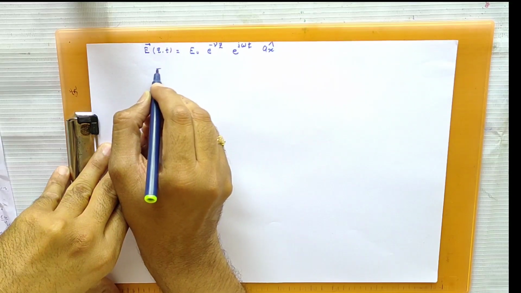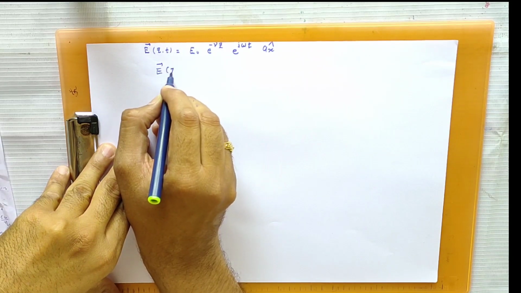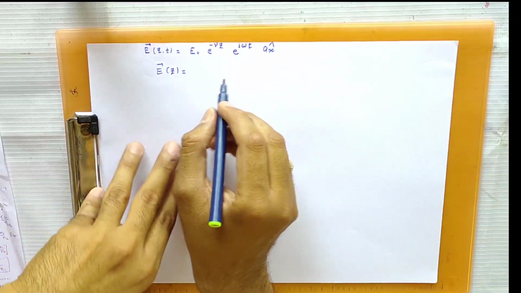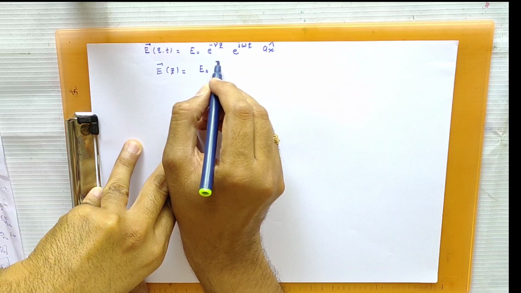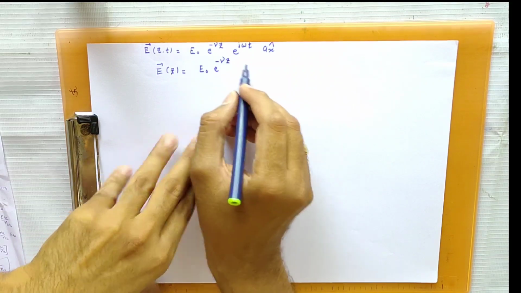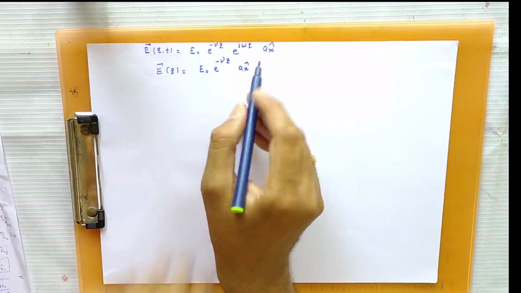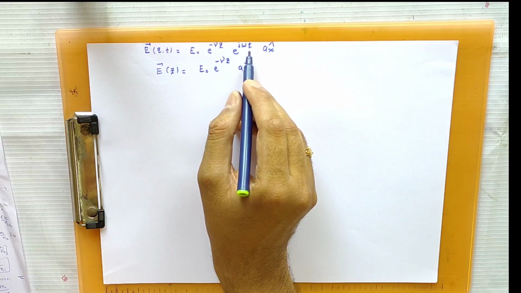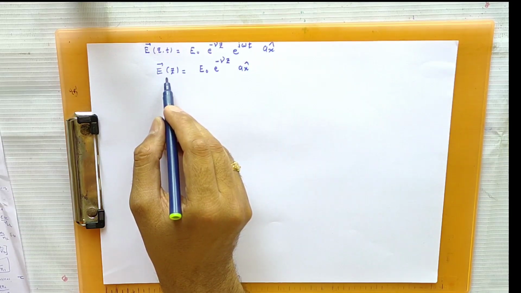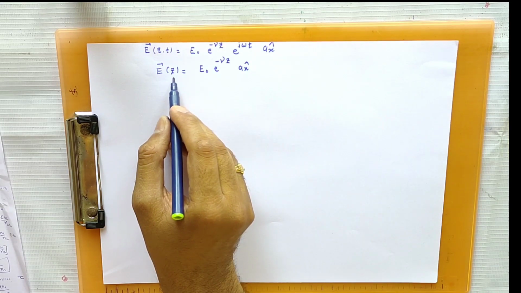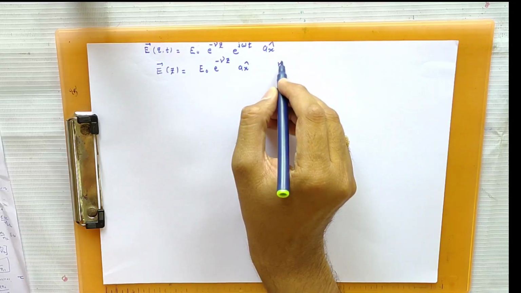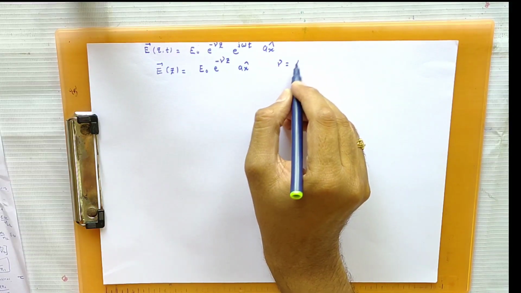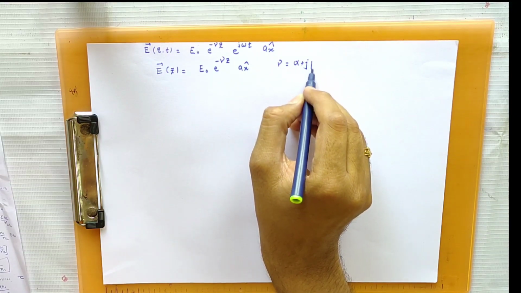So we have to take this equation: E(z) equals E0 with the space term e raised to minus gamma z, into a_x. The e raised to j omega t term we have not considered, because here we assume the field has only a space quantity, that is, the field is a function of only space. What is gamma? Gamma is known as the propagation constant, which is alpha plus j beta.